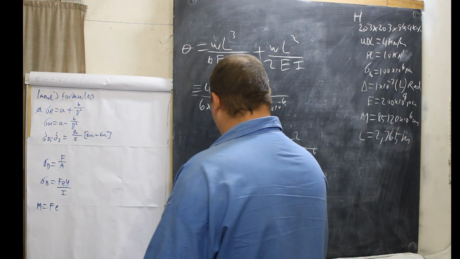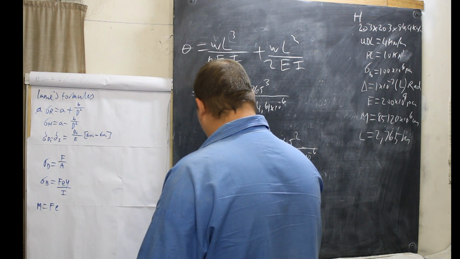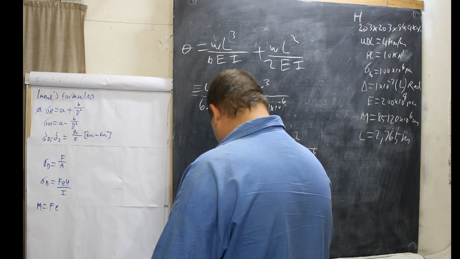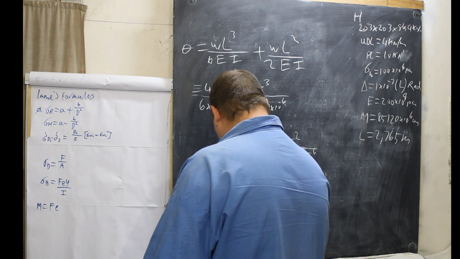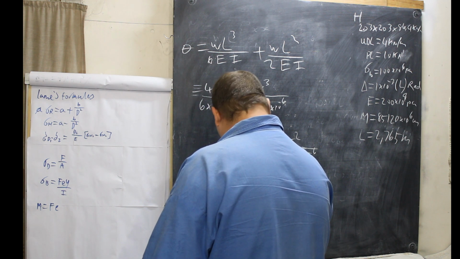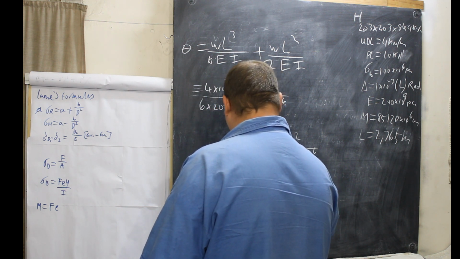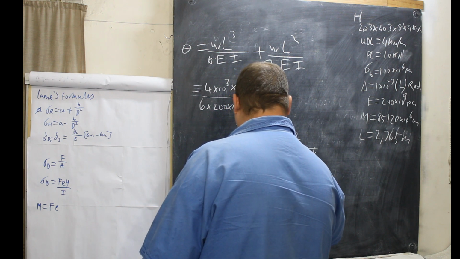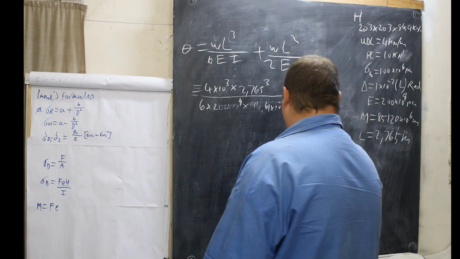Now put that all in your calculator, and our slope is 2,765 times 10 to the minus 3 radians. Okay, that's our slope.